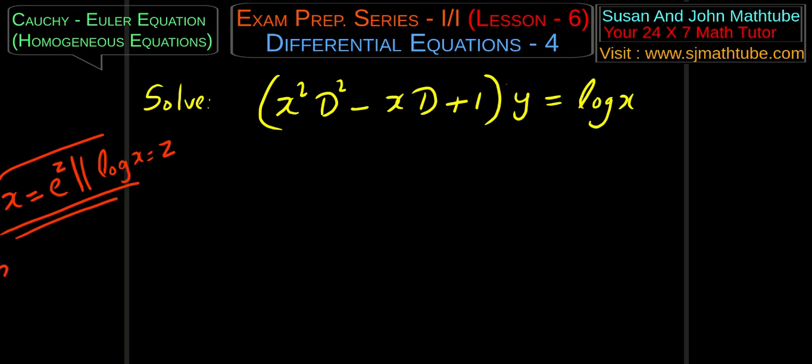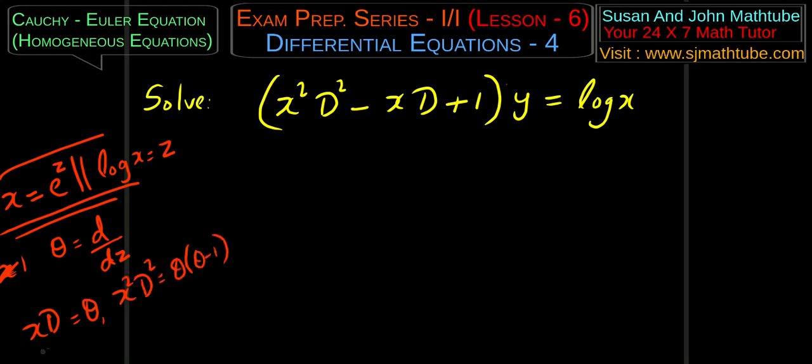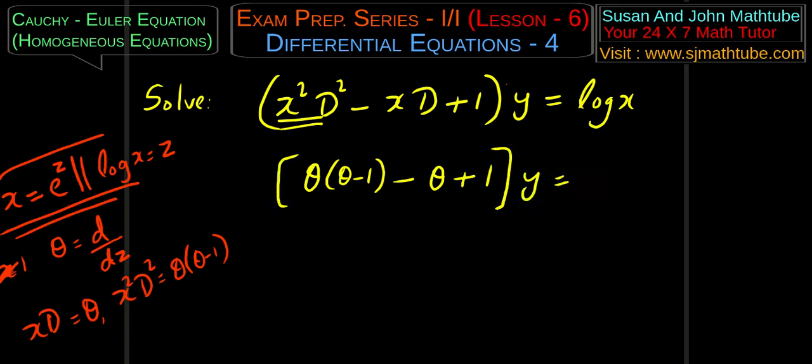And next thing, let theta be the derivative operator with respect to z. Then x into d will be equal to theta, x square into d square will be equal to theta, theta minus 1, etc. So we substitute and we get theta into theta minus 1 minus theta plus 1 of y is equal to, now the substitute for the right side, that is z.